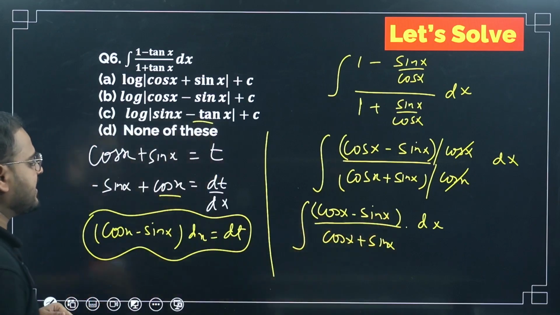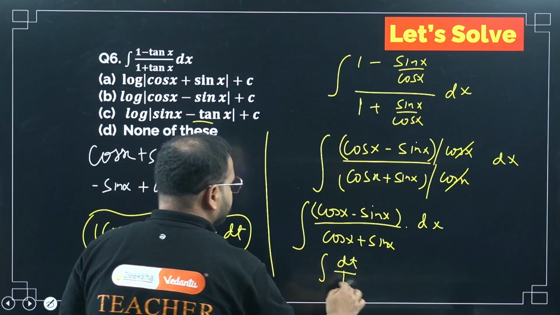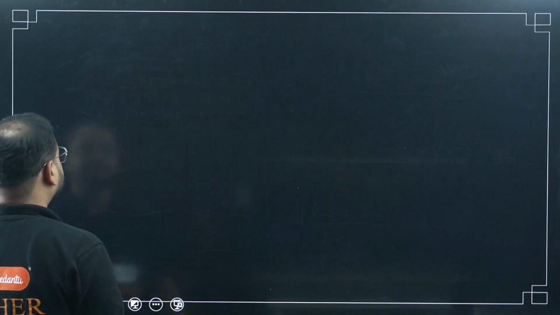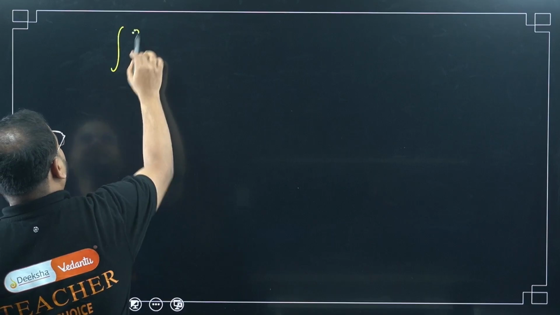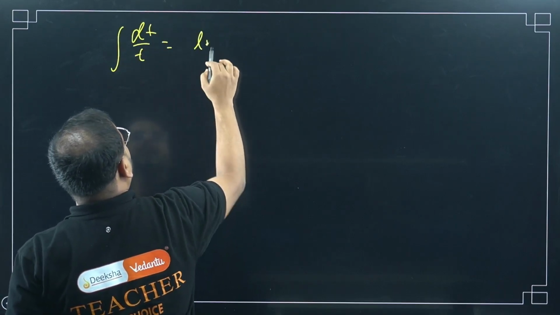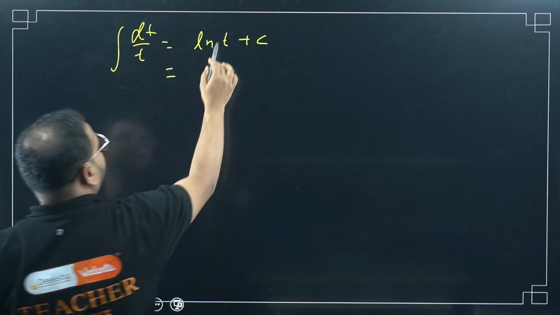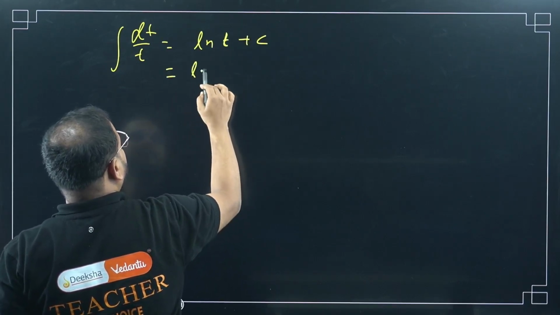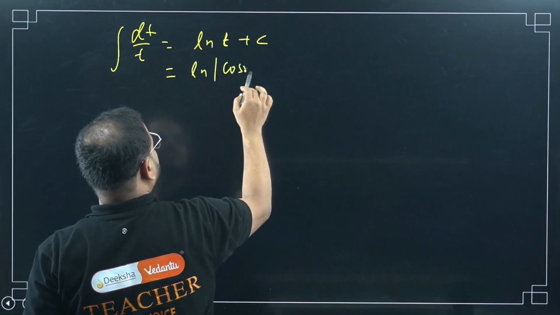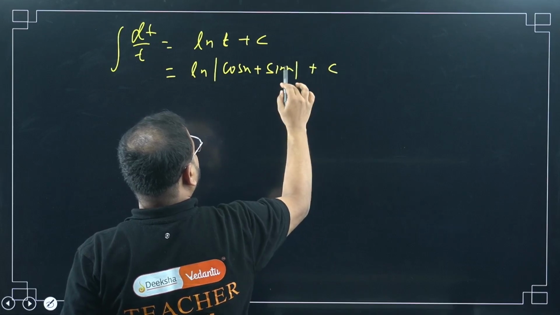Yes, is this present over here? Yes, sir. So I can write this as integration of dt upon t, right? Integration of dt upon t is nothing but ln t plus c. How much is that? ln of cos x plus sin x plus c.